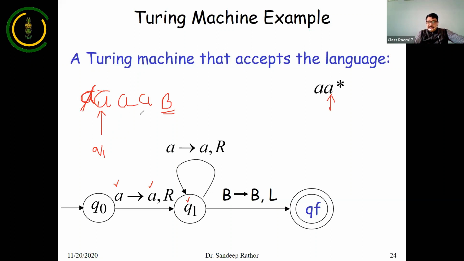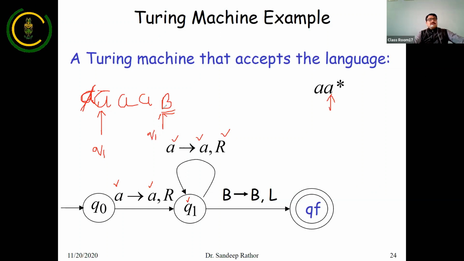If it is any combination, then what do we have to do? In this case, we read A, write A and move to the right hand side. We will keep moving right, right? And we will remain in Q1. Finally we will find the blank sign.